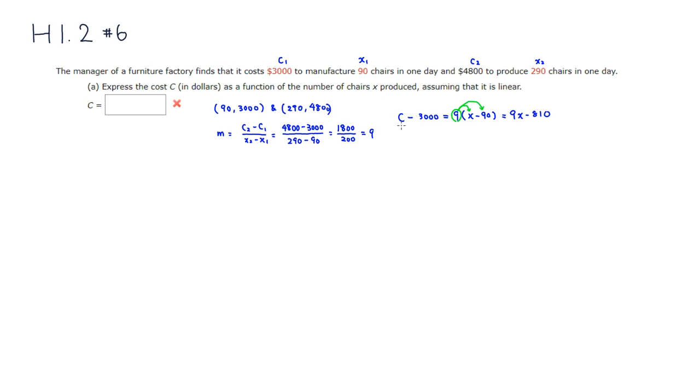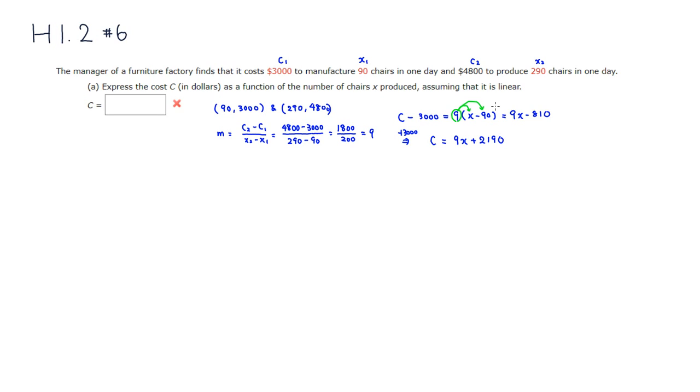Since we are looking for C, I'm going to add 3,000 so that we can get rid of that. So C is equal to 9x plus 2,190.